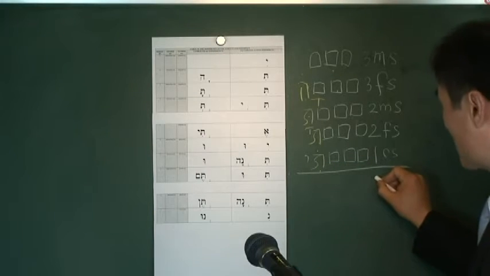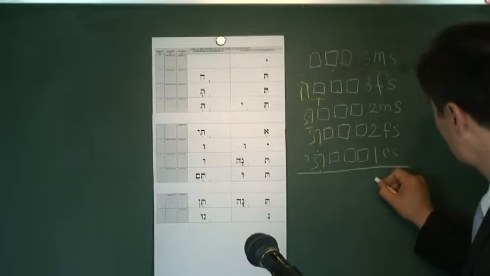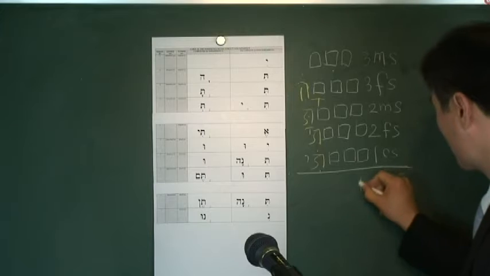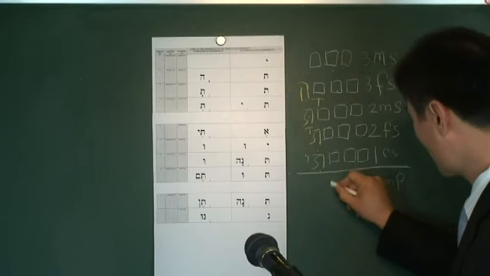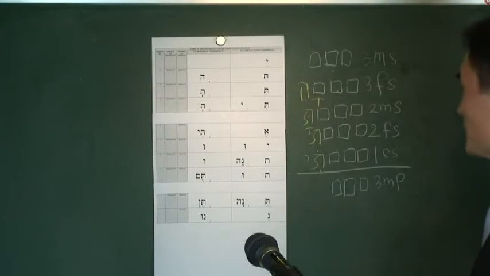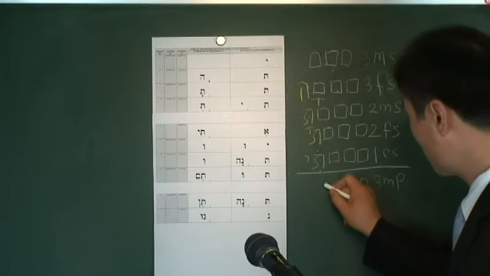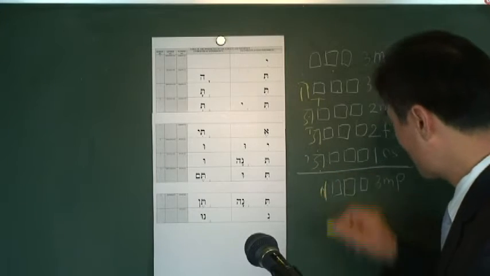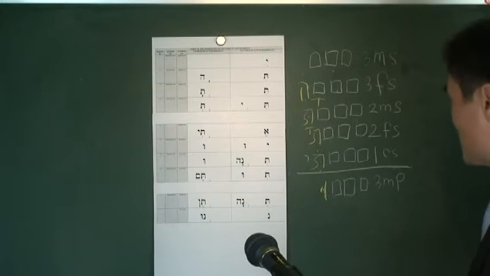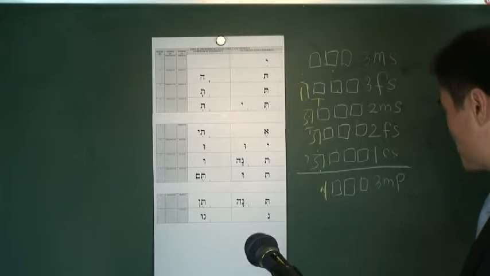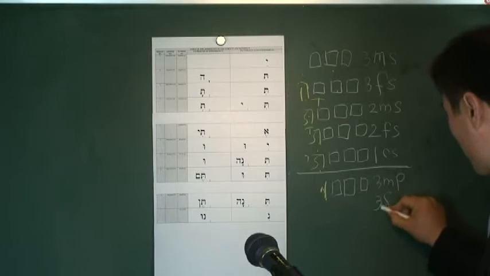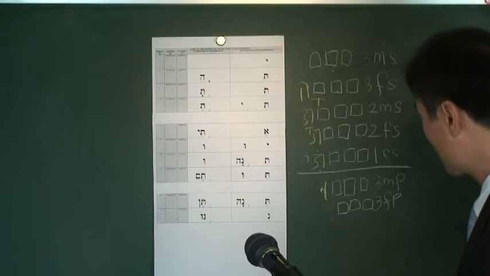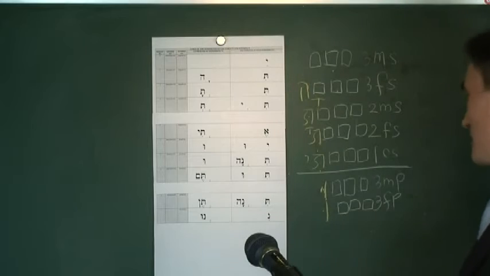The third person masculine plural has the ending u. The third person feminine plural also has the ending u.